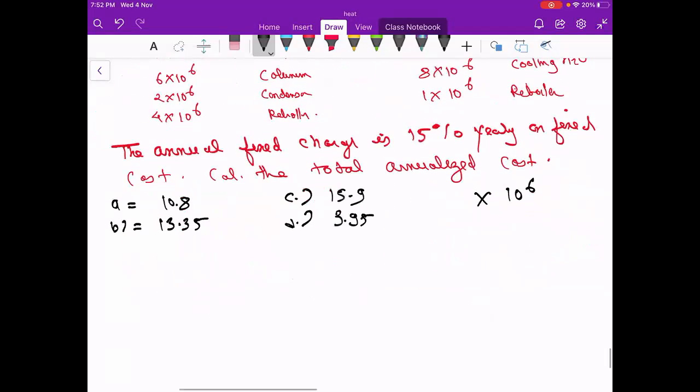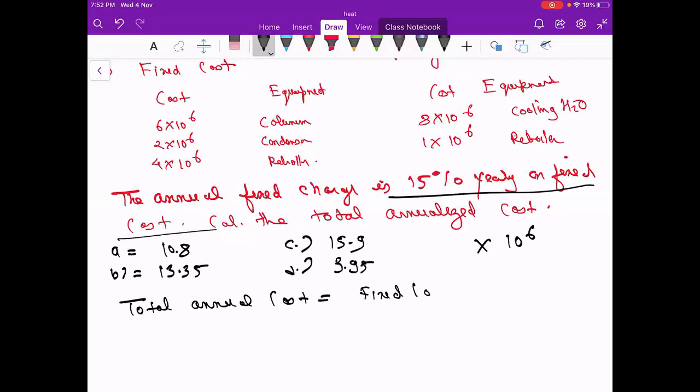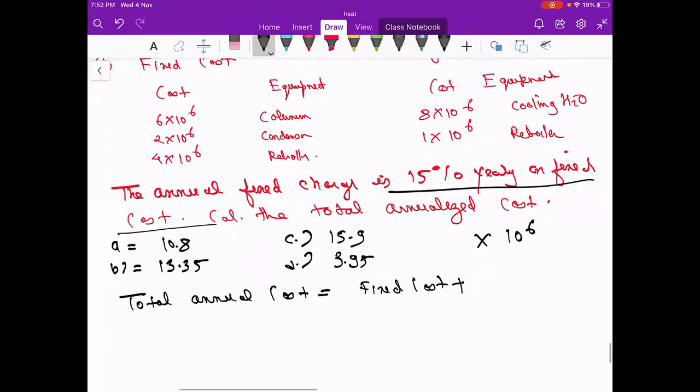Okay, so how will we solve this? They have told 15% on fixed cost. So what is the total annual cost? Total annual cost equals fixed cost plus operating cost. Fixed cost is 6 plus 2 plus 4, into 10 to the power 6.